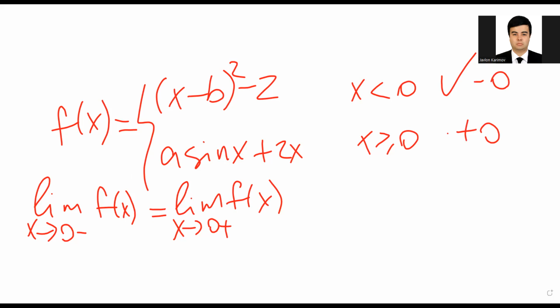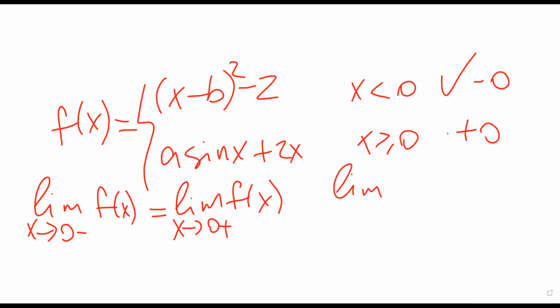Now let's start finding limits. Limit as x tends to minus 0, or 0 minus, you can denote it either way. You consider the first part of this function and put just 0 instead of x.